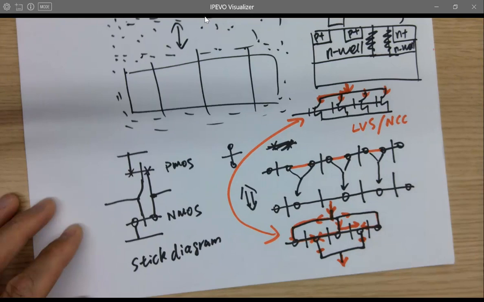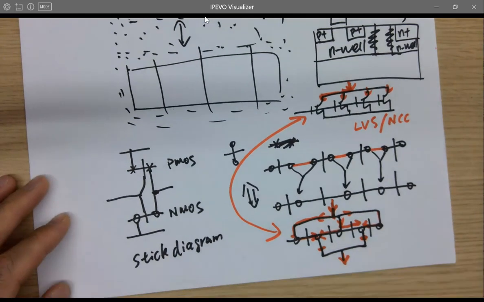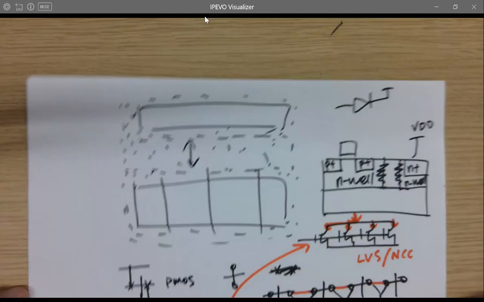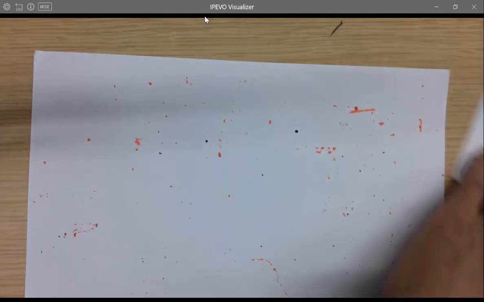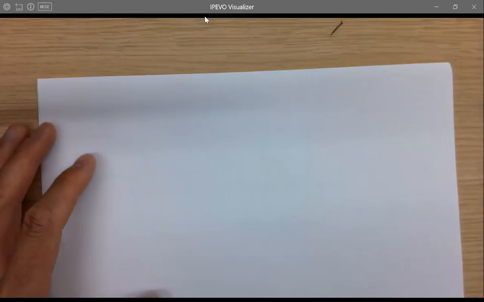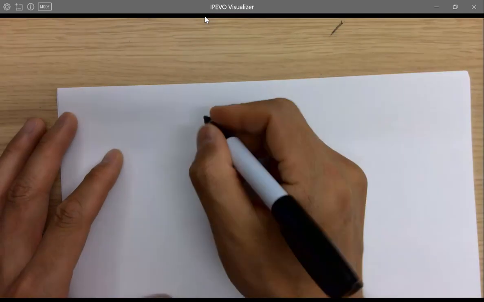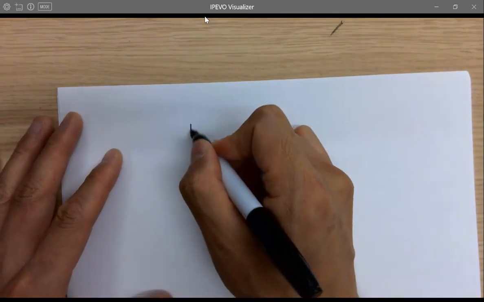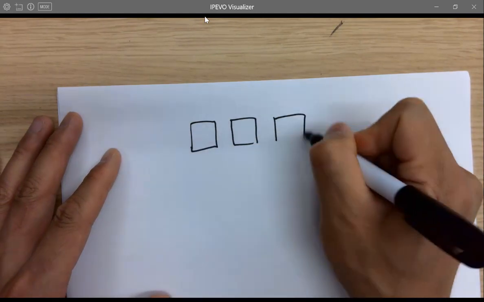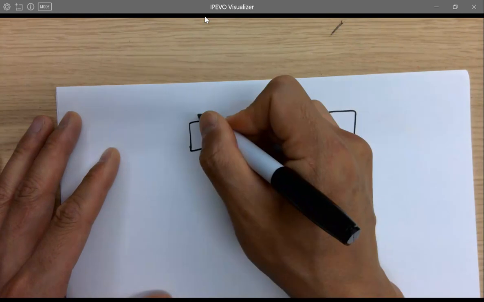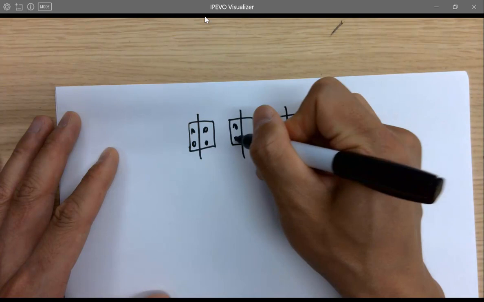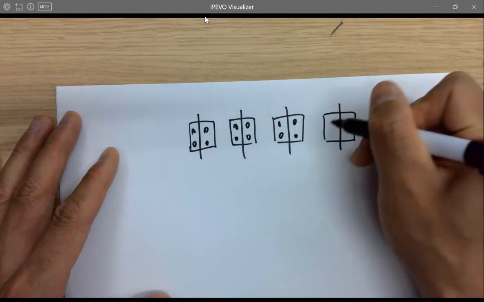So in your layout, how can you structure that with the real physical transistors? These are the gates. So there are NMOSes.